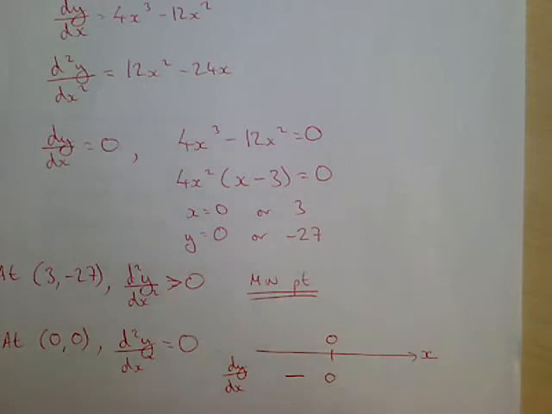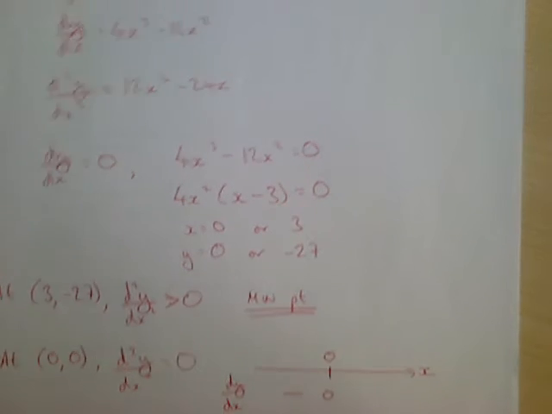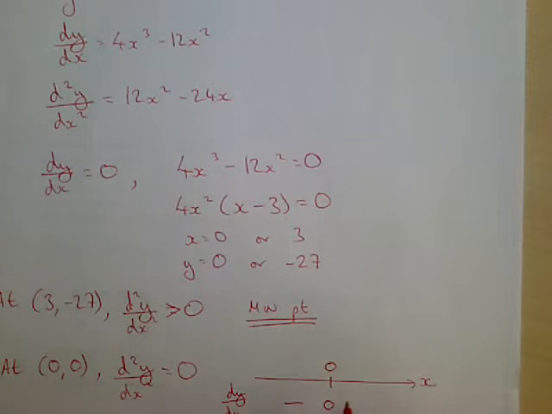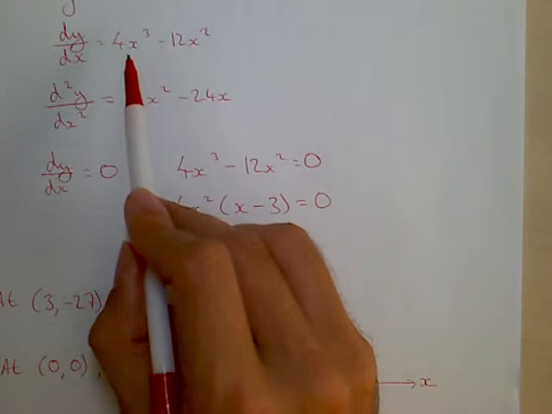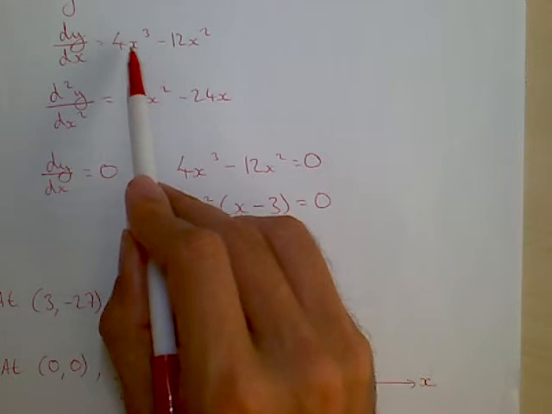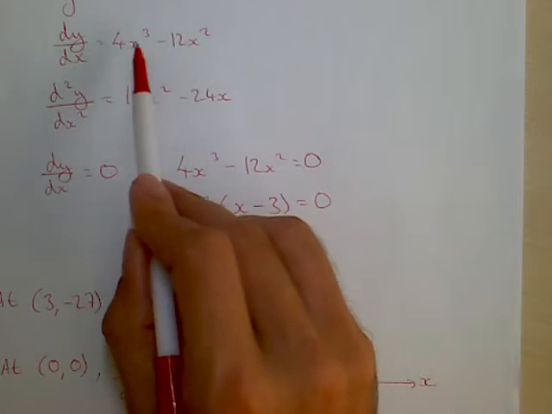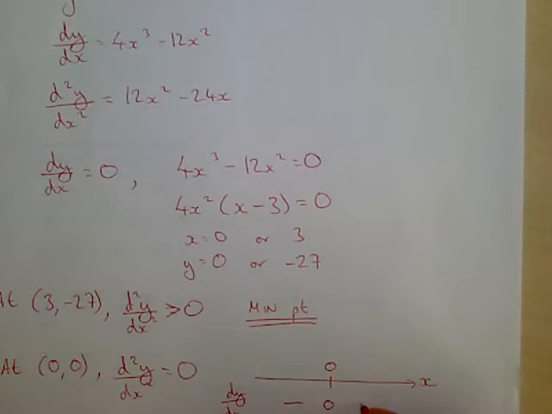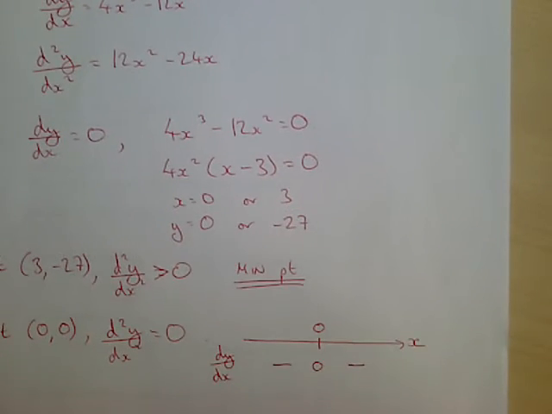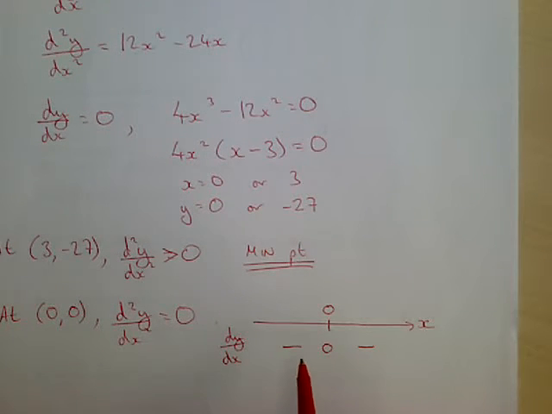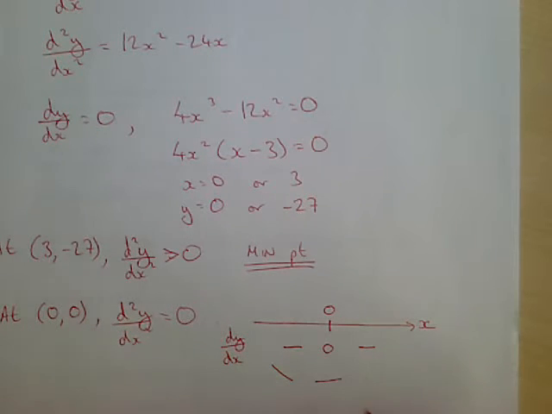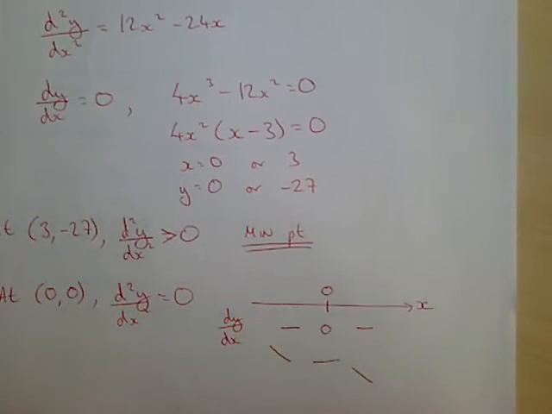At the point when x is 0, the gradient is 0, and now let's see what's happening after that point. So again, imagining a point, let's say 1, if we put 1 into there, 4 times 1 cubed is 4, take away 12 times 1 squared, so 4 take away 12, that's minus 8. Again, that is negative. So I can now see that I have a negative gradient before, that means it's sloping downhill, then I have a 0 gradient there, horizontal, and then a negative gradient again down there.